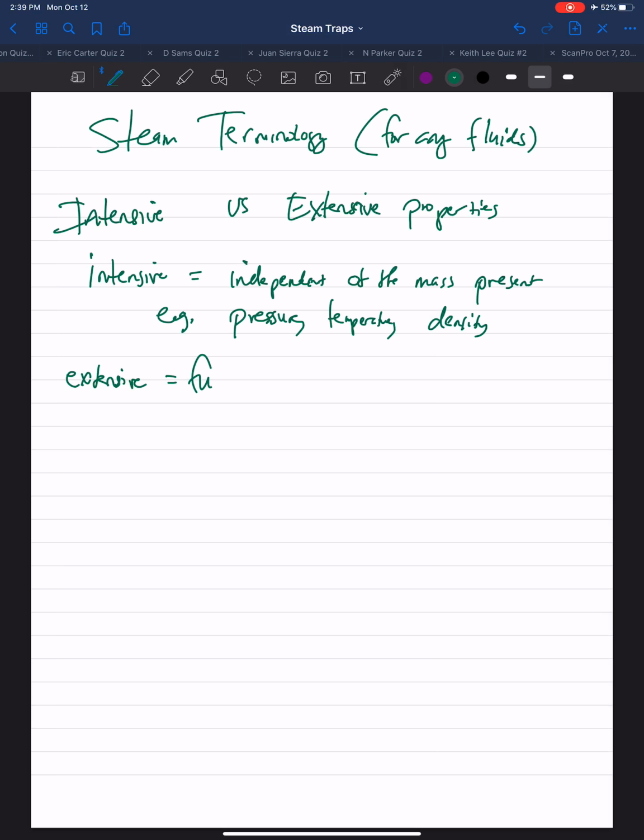Extensive properties are a function of the mass present. For example, volume and mass.